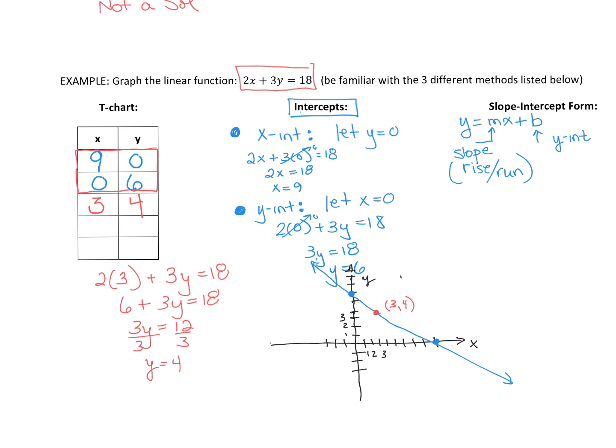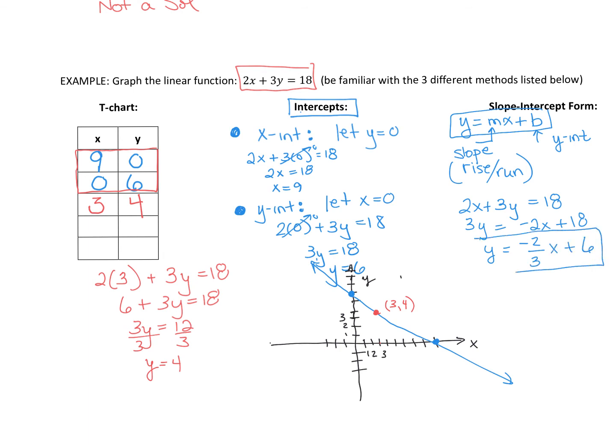So if we take our 2x plus 3y equals 18, and we solve for y because we want it in this form, I'm going to subtract 2x from each side, and then I will divide everything by 3 and get y equals negative 2/3 x plus 6. So this is the slope-intercept form of that same line.